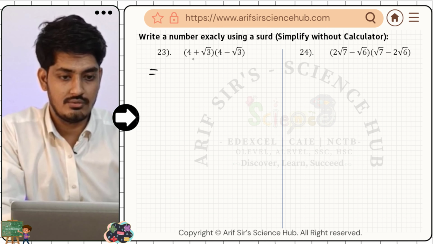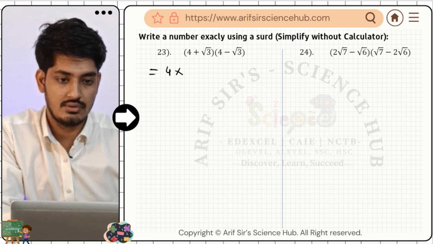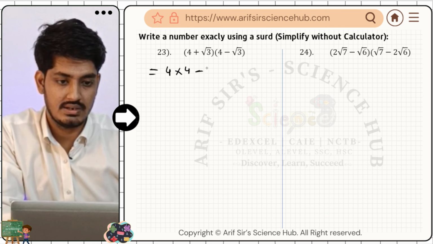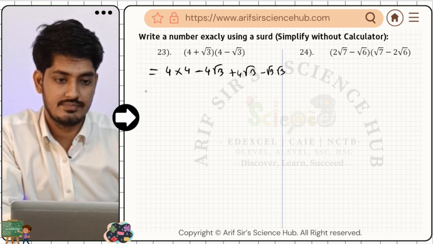So what we have to do, we have to multiply this 4 with this 4, and this plus and this minus should be minus 4 square root 3, then plus 4 square root 3. This plus and this minus should be minus square root 3 into square root 3.